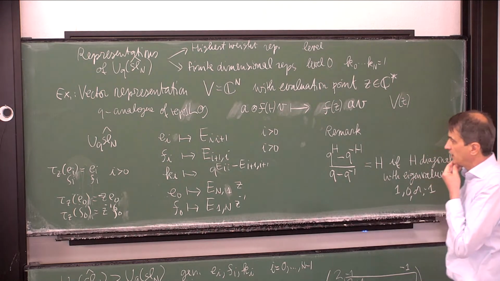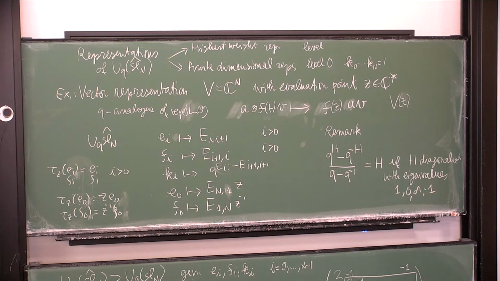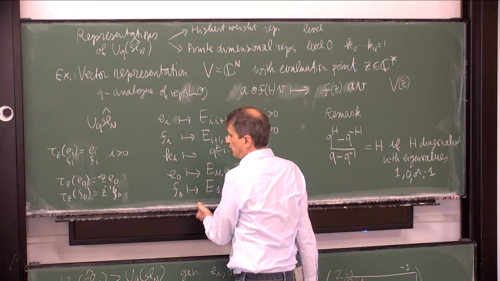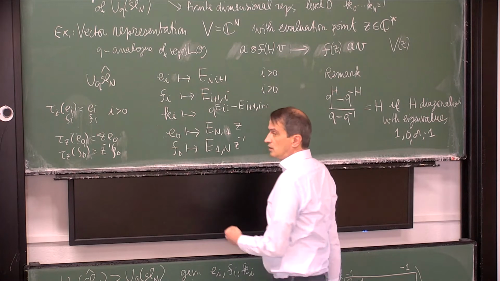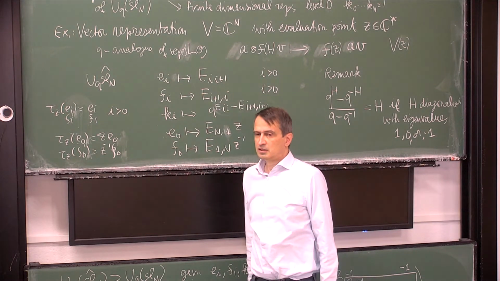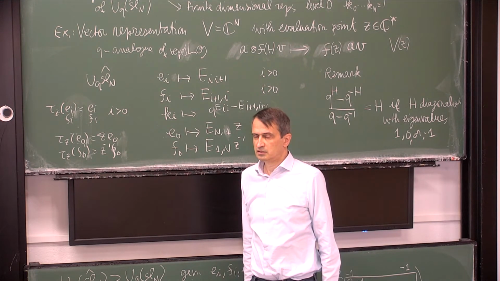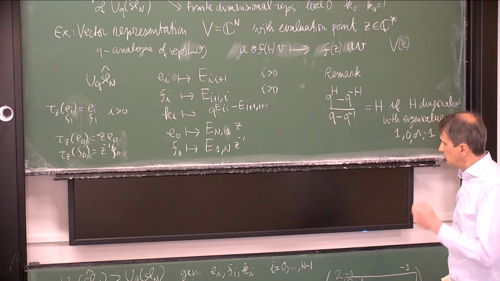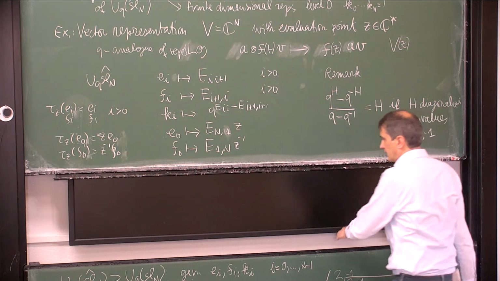But level 0, Sugawara still works, as long as the dual Coxeter number is non-zero. I think you are right, actually.